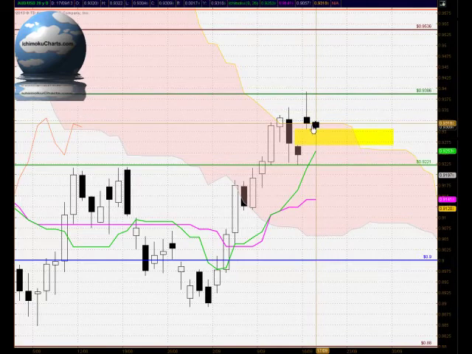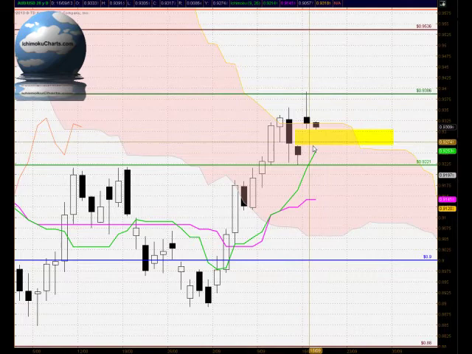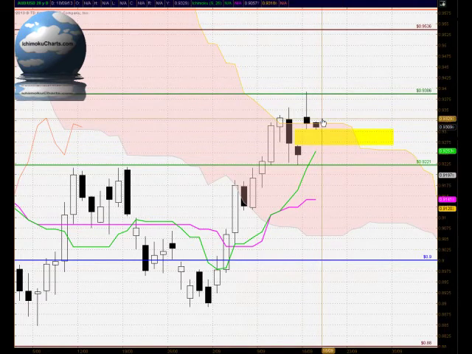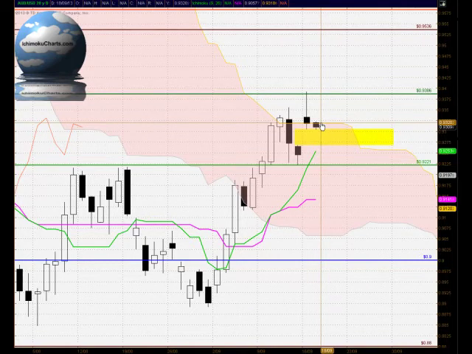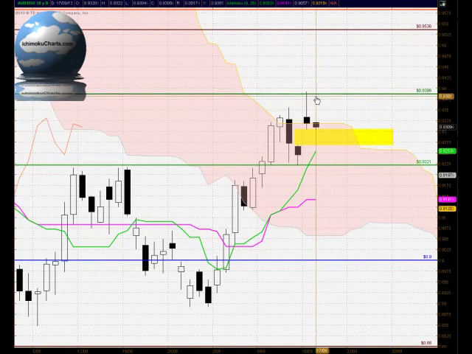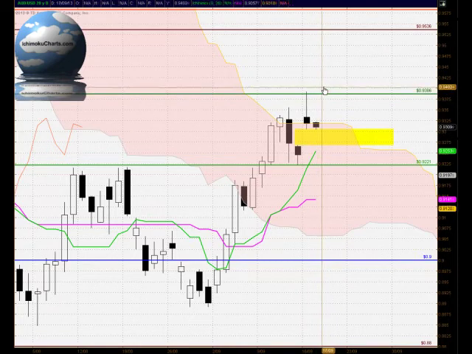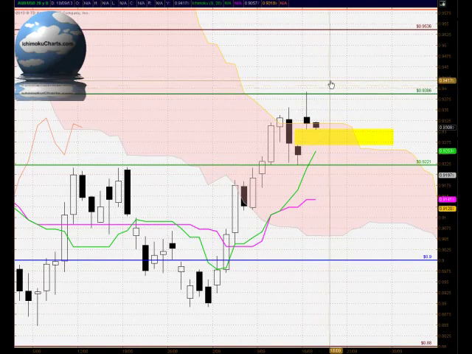So a scenario here is that the market finds support within the cloud, especially somewhere around this window, bounces back up off the top of the cloud and trades back up to around this 93.86 level. 93.86 has the opportunity to hold as very strong resistance to this market. If we do see a solid bullish close up above there, we could quickly see the market trading up to 95.36.